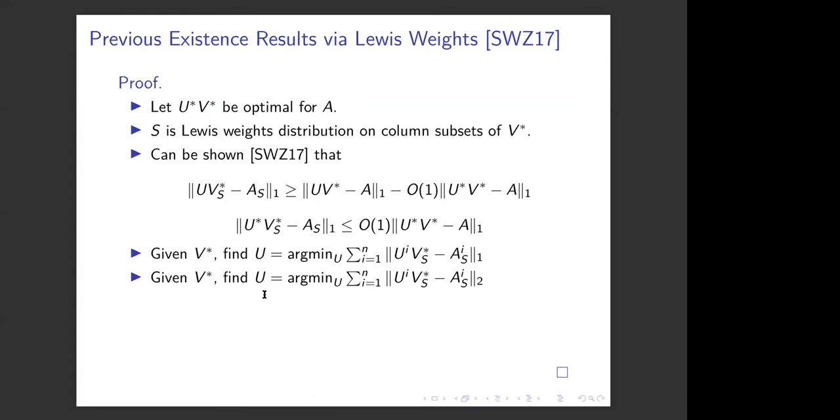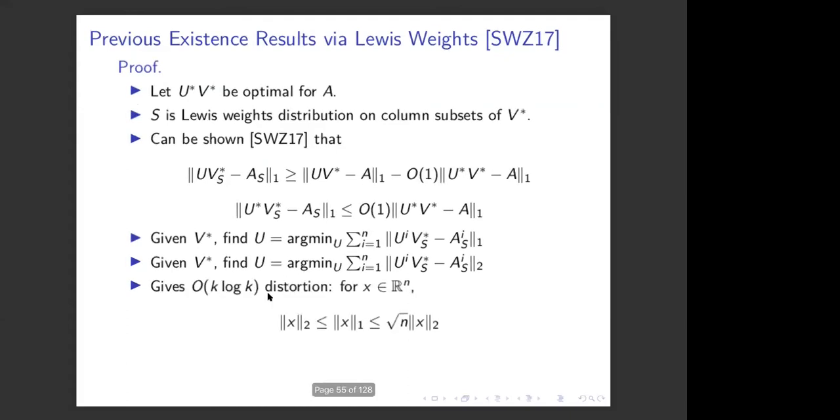So what happens to the error when we do that? What is the relationship between the L1 norm and the L2 norm? For any vector with n coordinates, the L1 norm of that vector is within a square root n factor of the L2 norm of that vector, right? So what is the dimension of each of these row vectors?